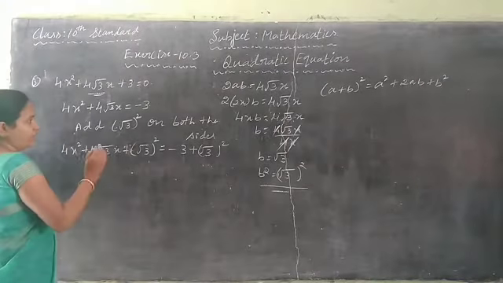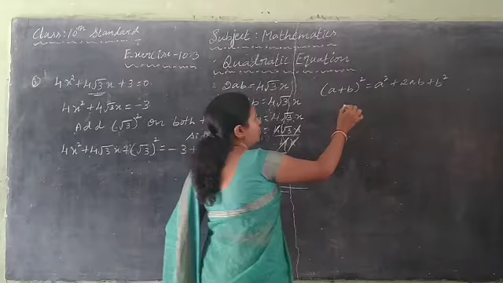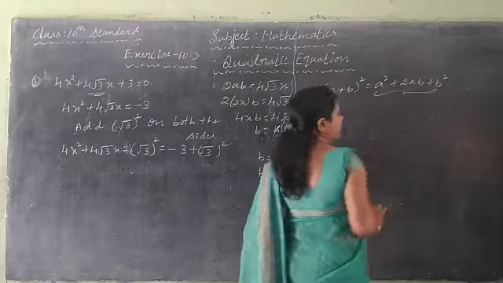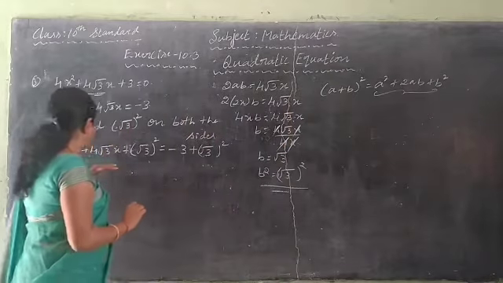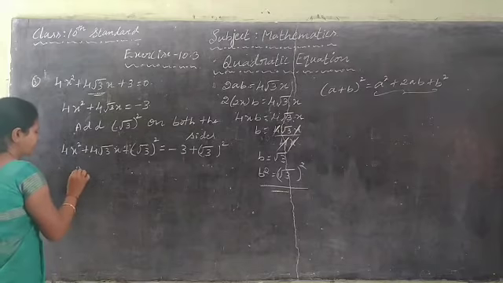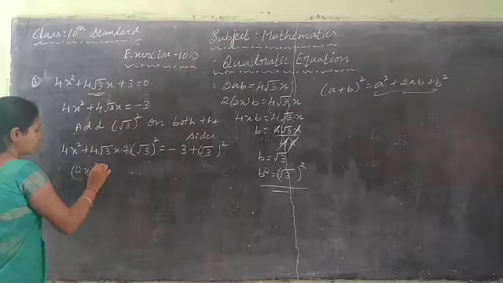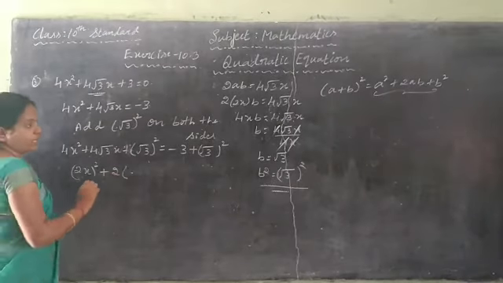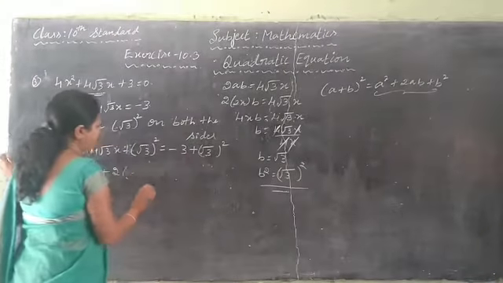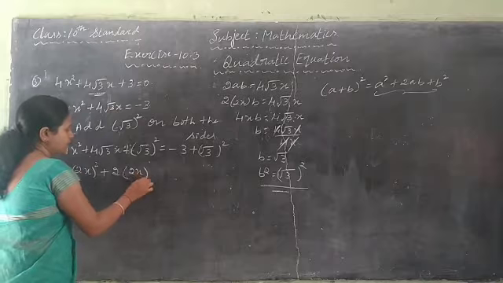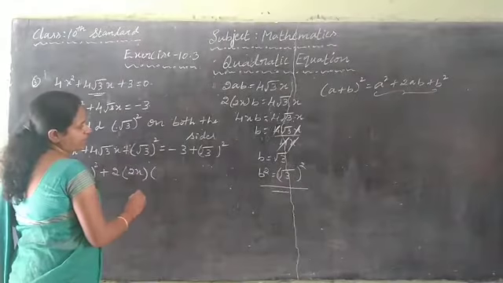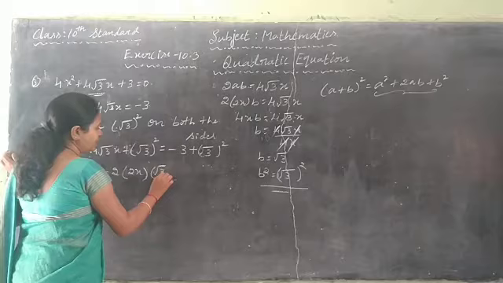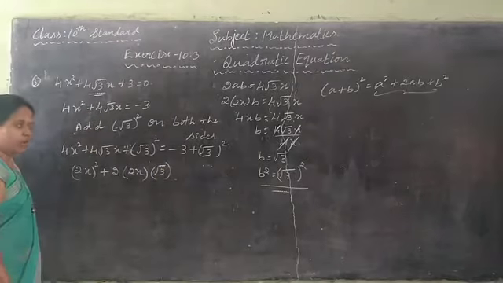Right. Now we will write this in the form of a square plus 2ab plus b square. 4x square is there. This we can write as 2x whole square plus 2 into a, children, 2ab. What is the value of a you have taken here? 2x. What is the value of b? Root 3.